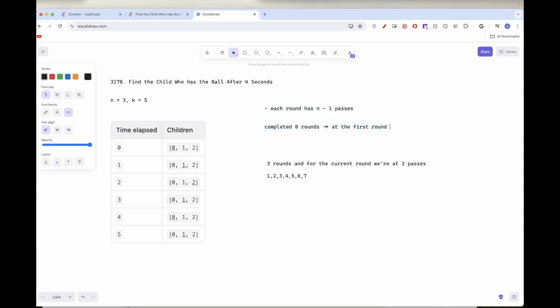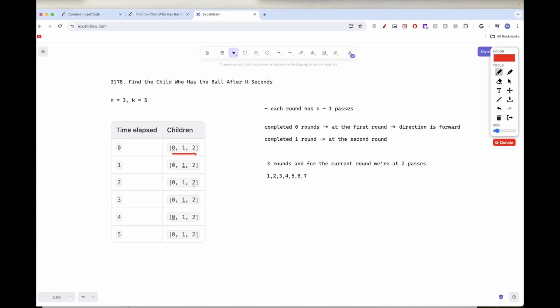So that basically tells us direction is forward. Now what if we completed 1 round? This means we are at the second round. Okay, so that means we already went all the way till 2, like in this case. Now we are going back, so that tells us we are in the backward direction.